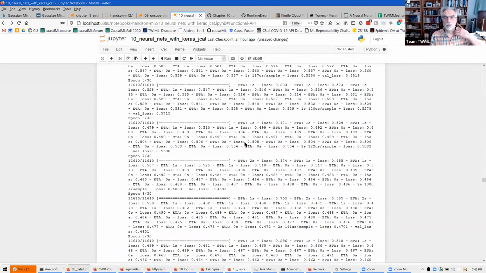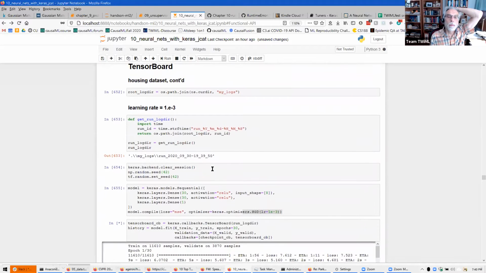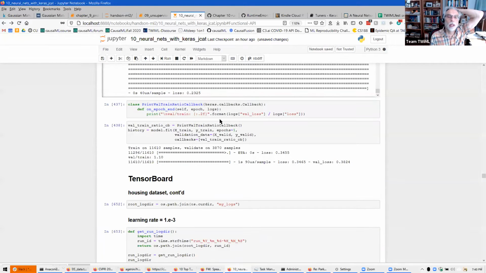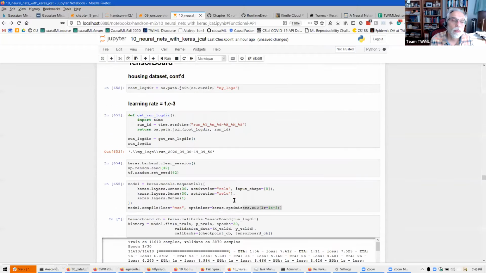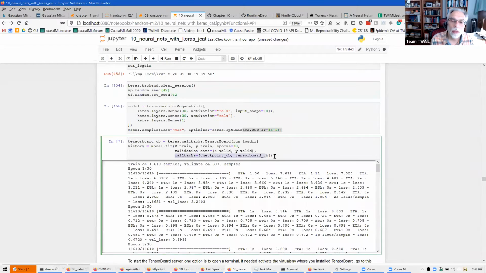So remember, this is just the same model we ran before for the housing data, but this time with the Tensorboard callback as well as the checkpoint callback. It's a list of callbacks.